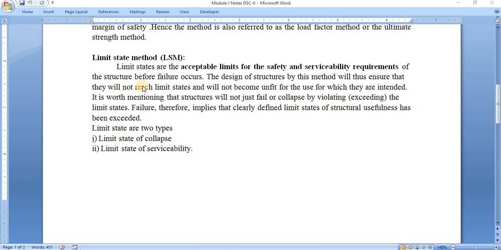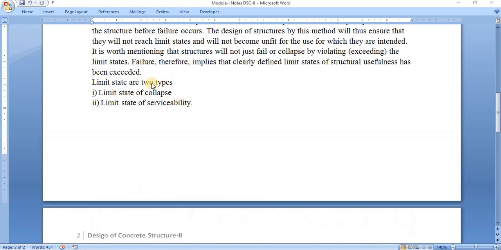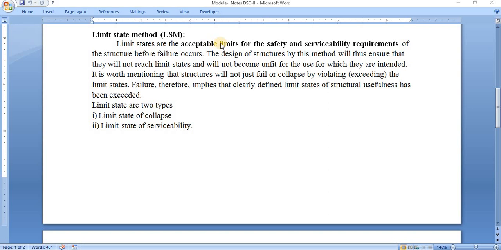So in the limit state method, there are two acceptable limits, that is safety and serviceability requirements of a structure before failure occurs. The design of a structure by this method will thus ensure it will not reach the limit state, meaning ultimate strength, by limiting these safety and serviceability factors. It will not become unfit for use.